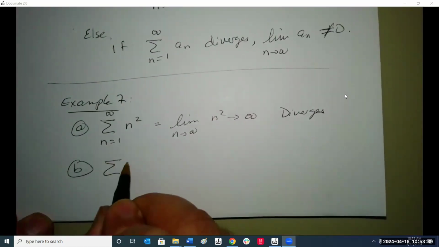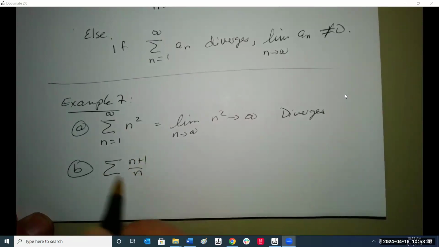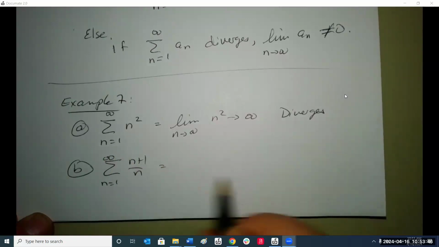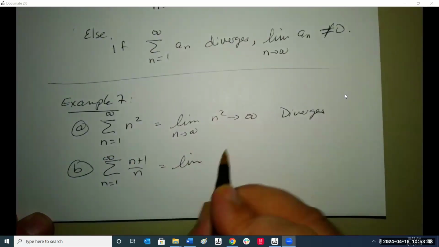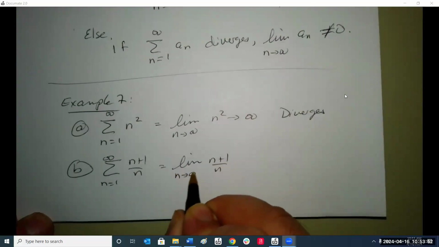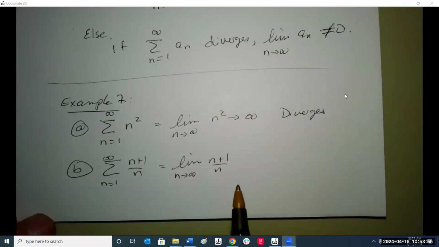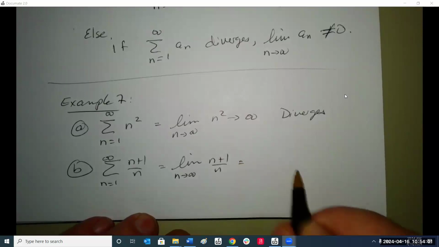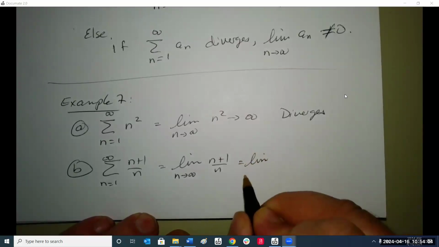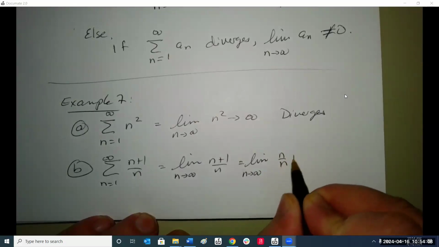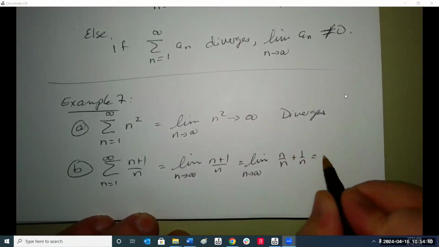The summation of n plus 1 over n. So the limit as n approaches infinity of n plus 1 over n.